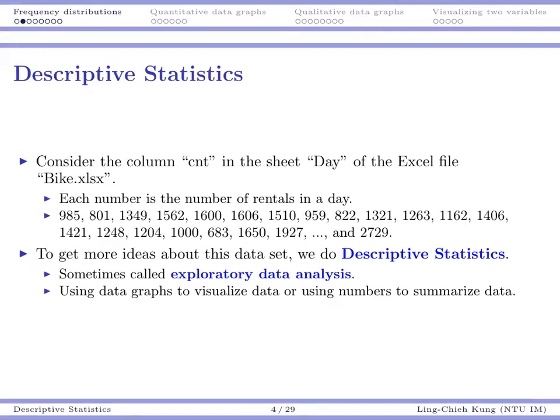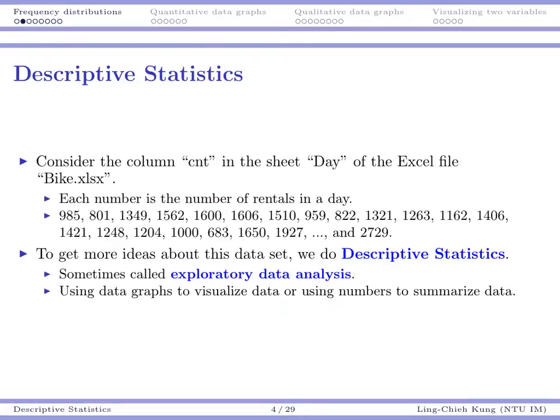So let's use the example of our bike rental data set to help you understand the ideas in this lecture. Remember that you can find the data set on SEBA. Let's think about the final outcome column CNT in the datasheet day. We know that those numbers represent the numbers of daily rentals in each day.